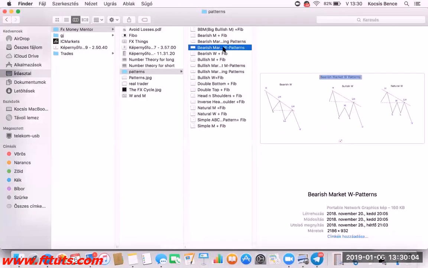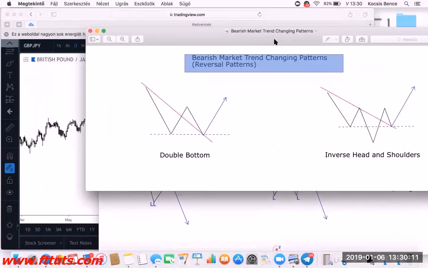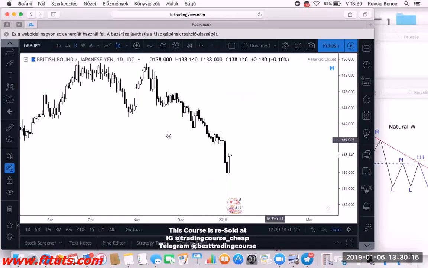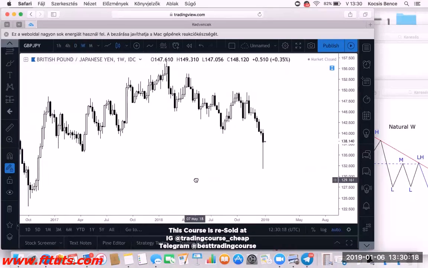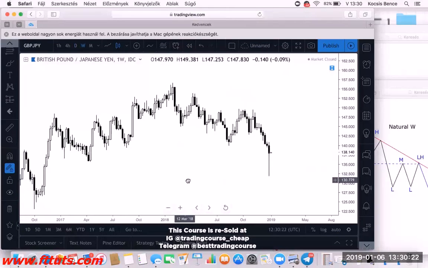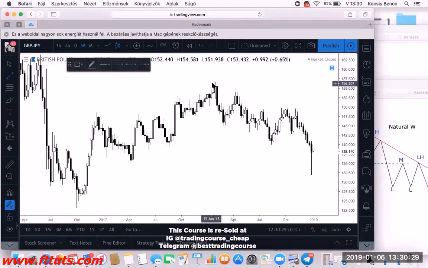Okay, let me try to find W's on the bearish market and the trend changing patterns on the bearish market. Down, up, down, up.